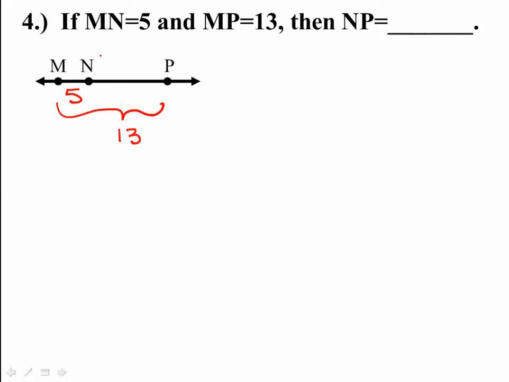Notice this is still the segment addition postulate because I know that 5 plus whatever NP is will equal the total, or 13. Since I already know the total, I can go backwards and subtract 5, and NP is simply 13 take away 5, or 8.